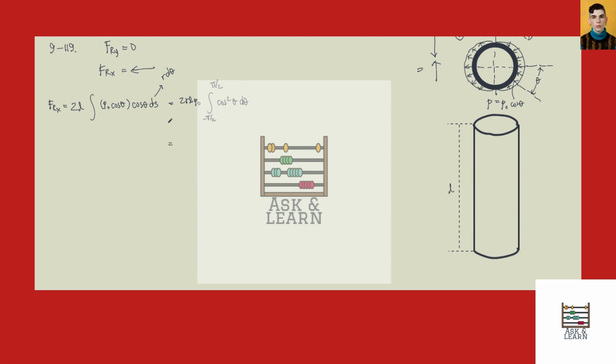And evaluating this integral, we would get 2rl P0 multiplied by pi all over 2. So our Frx is equal to pi r l P0. Therefore, our resultant is equal to pi r l P0.